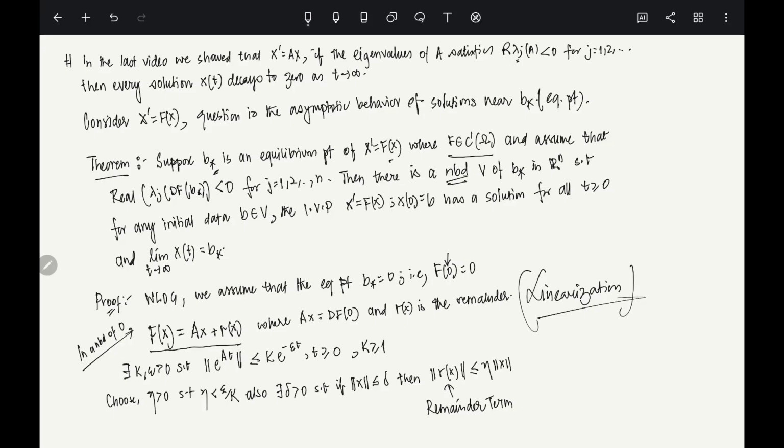Okay. Now the thing is this. See, what we are going to do is this. We are going to define a new set V. What is the definition here? This is the set of all those b in R^n such that mod b is less than delta by K. Okay.